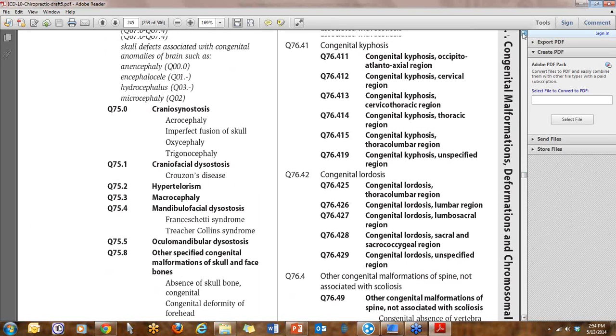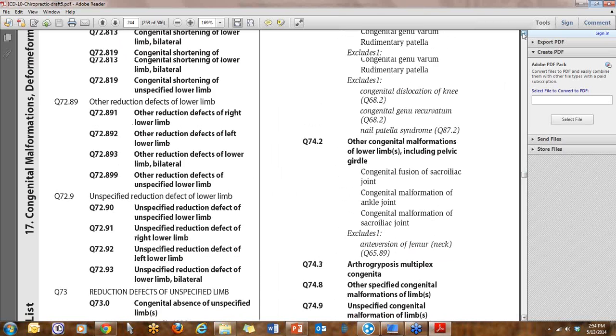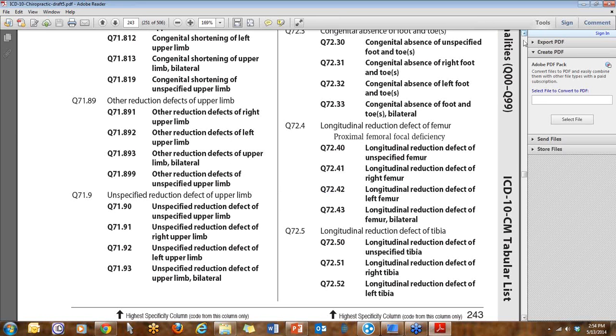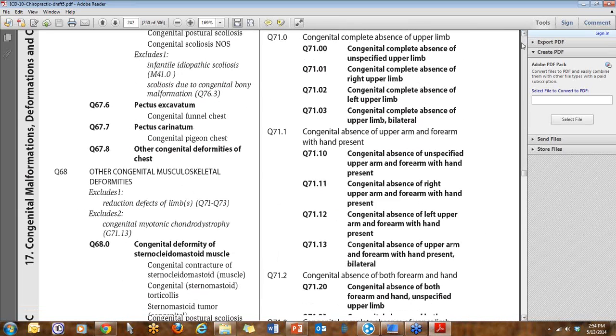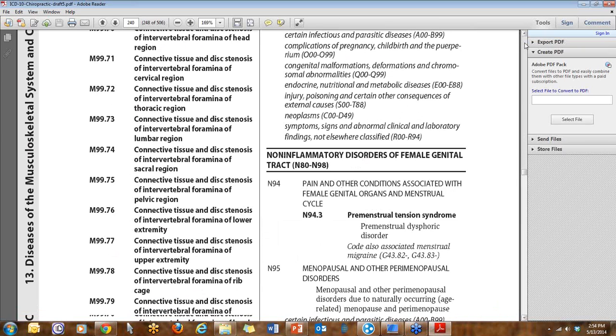Okay, so this is the tabular listing that I keep talking about.